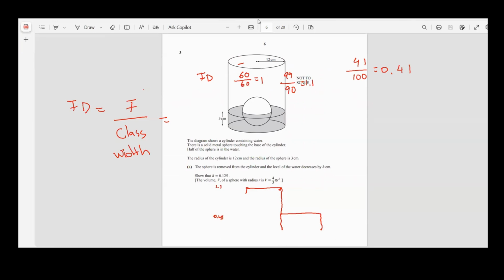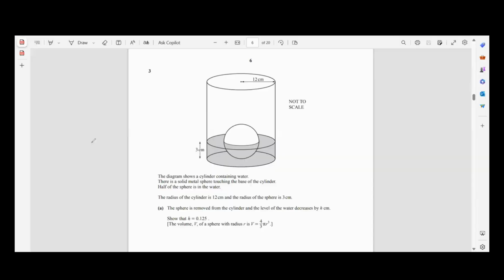Now we go to number 3. For this number 3, we have a cylinder and a sphere, and the cylinder has water. We have a radius 12 and a sphere radius 3. It says only half of the sphere, so we have to find the volume of the half sphere first.